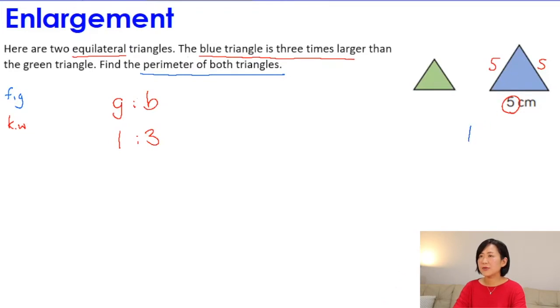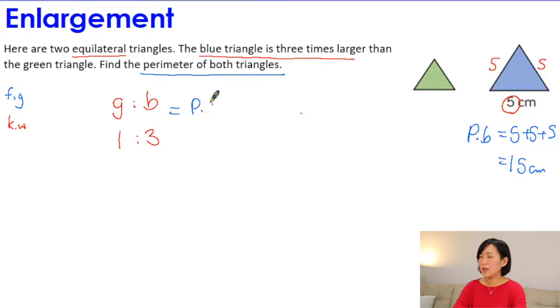Now let's calculate the perimeter of the blue triangle. For perimeter, you add up all the sides, right? All around the side is the perimeter. So 5 add 5 add 5 is 15. Now I think this question is going to be a missing part question, right?